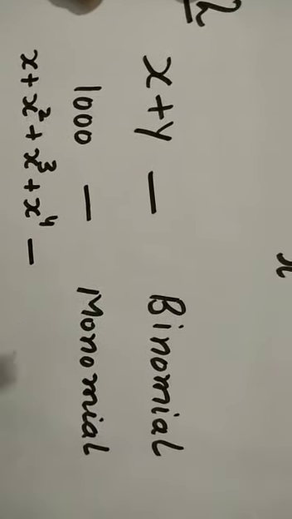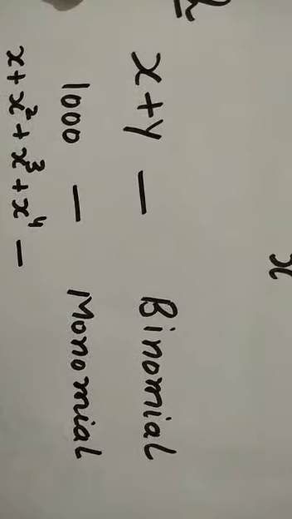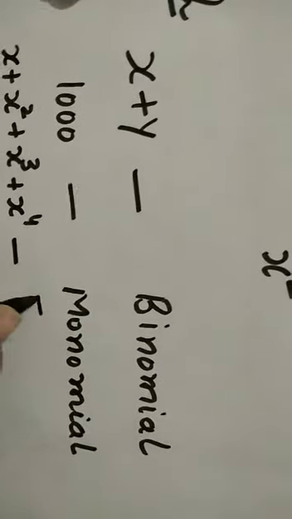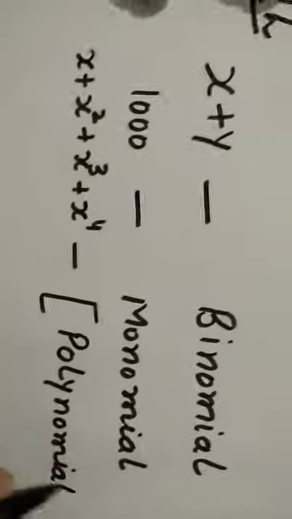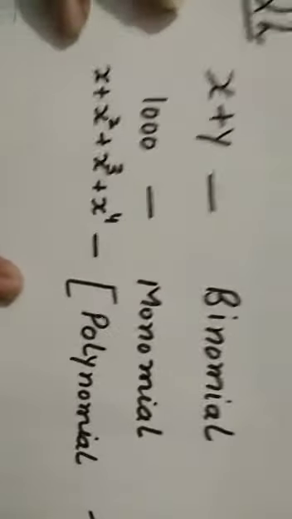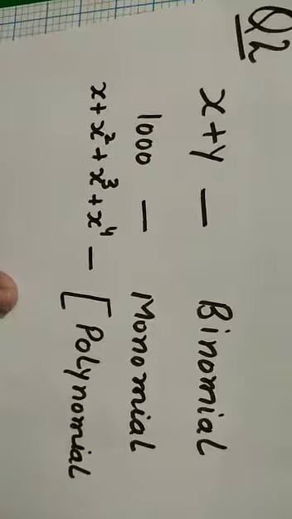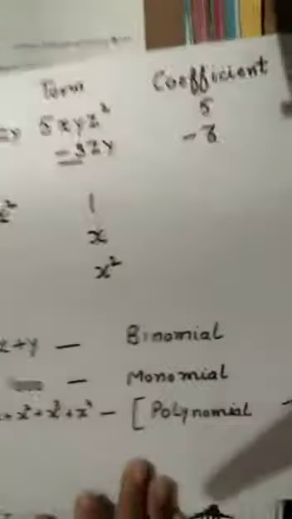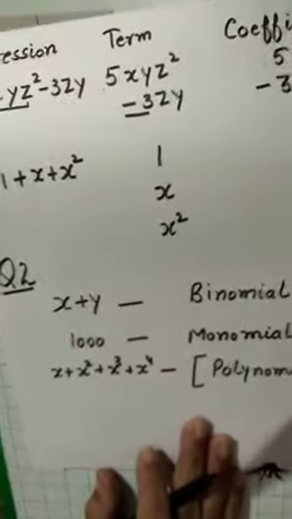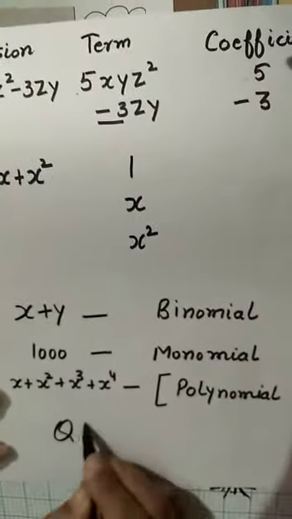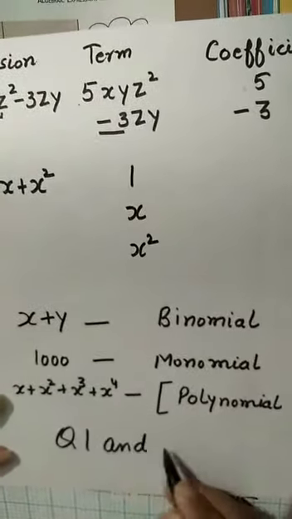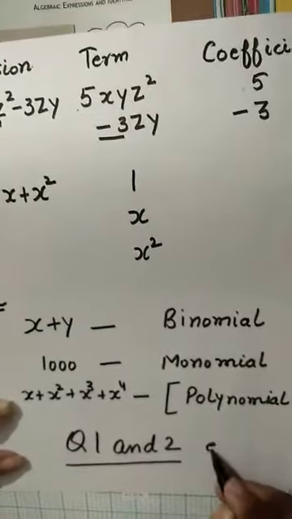So this comes under the polynomial heading. So this way you have to complete your question number 1 and 2. Write down these basics in your notebook and complete question number 1 and question number 2 of exercise 9.1.